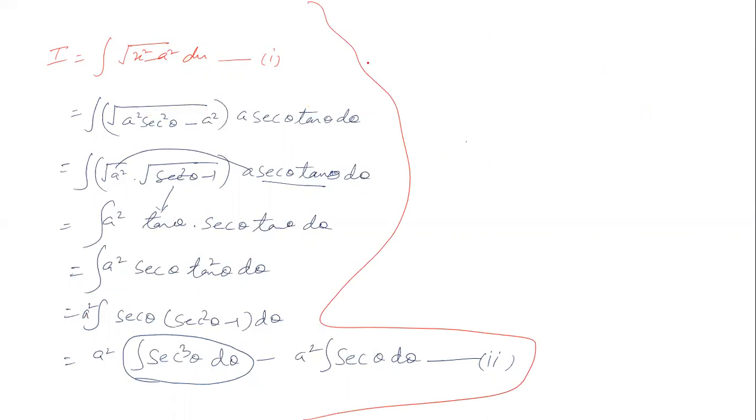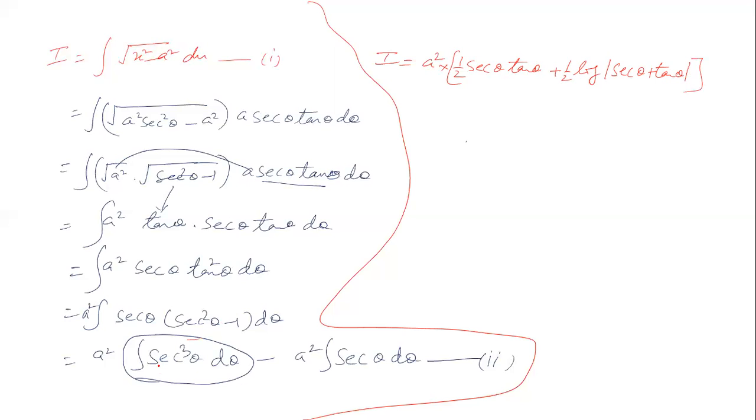Now it will become I equals a square, and integration of sec cube theta is 1 upon 2 sec theta tan theta plus 1 upon 2 log of sec theta plus tan theta.